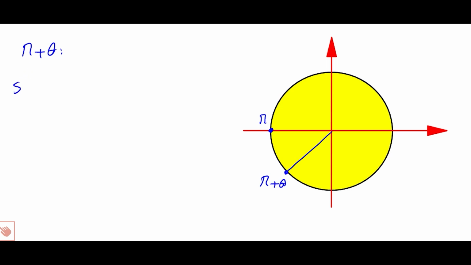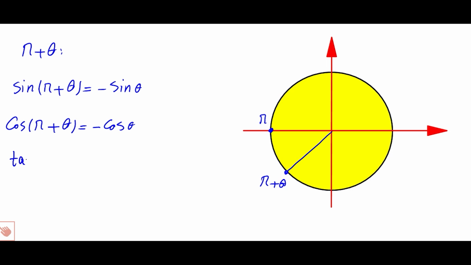So we have sine of pi plus theta is equal to minus sine of theta, because in the third quadrant the sign of sine is negative, and cosine of pi plus theta is equal to minus cosine of theta, and tangent of pi plus theta is equal to minus sine of theta divided by minus cosine of theta, which is equal to positive tangent of theta.